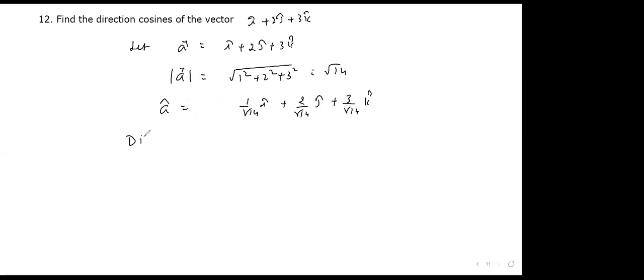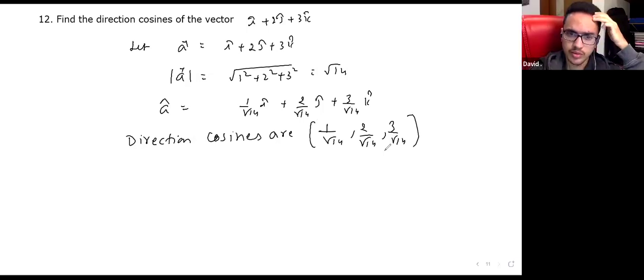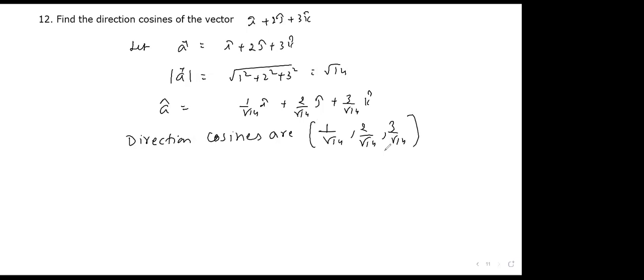So direction cosines are 1 over root 14, 2 over root 14, and 3 over root 14. That's it. Got it? Yes, sir. Okay, so that is basically it.